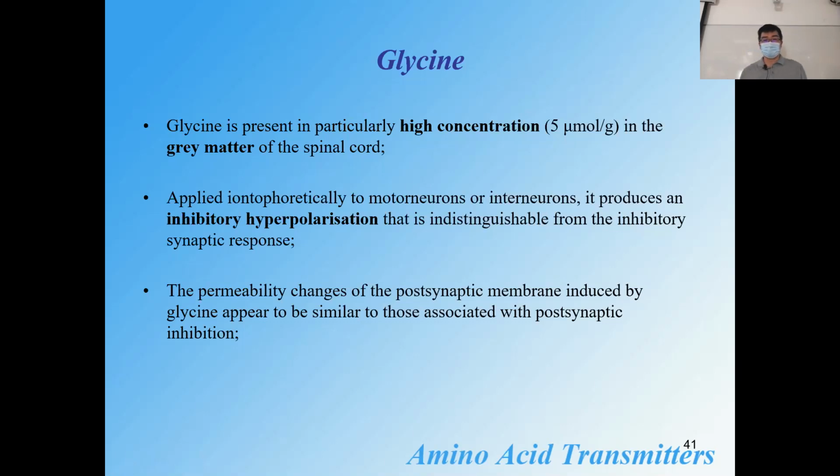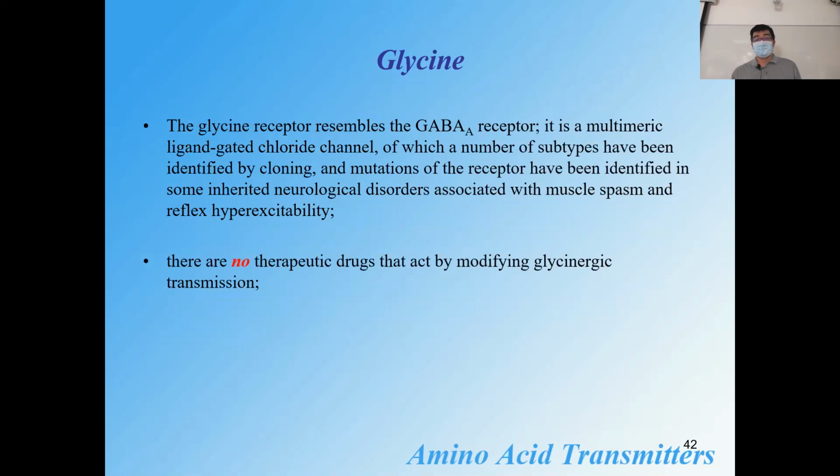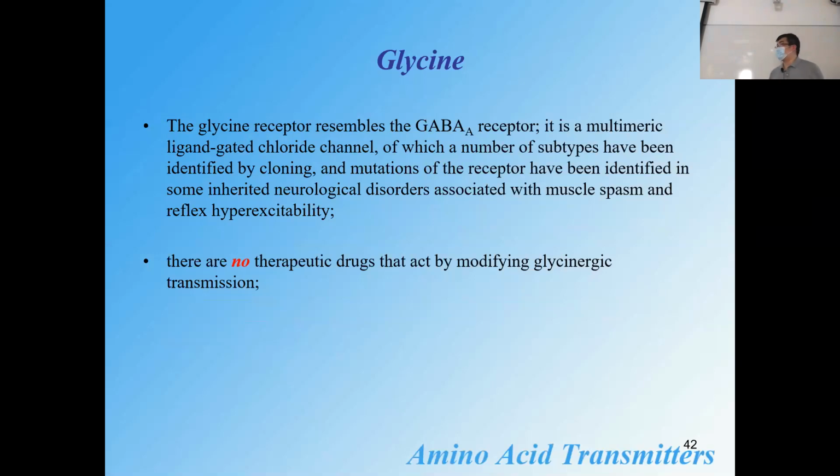So it's not well studied. Now the receptor is similar to GABA A receptors. It's a multimeric, ligand-gated chloride ion channel, so it also has an inhibitory effect. You can see that no therapeutic drugs have been developed for this transmission. Okay, so we finished the amino acid sections.